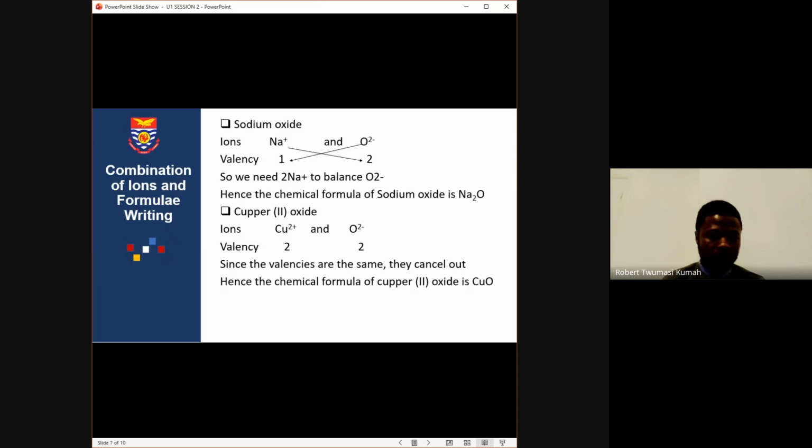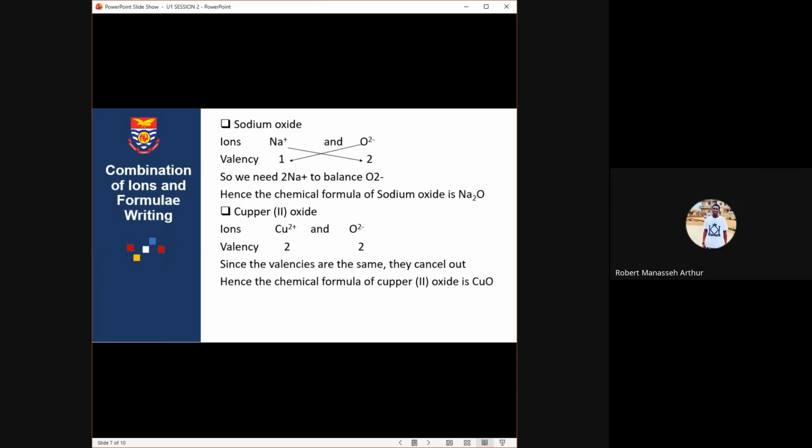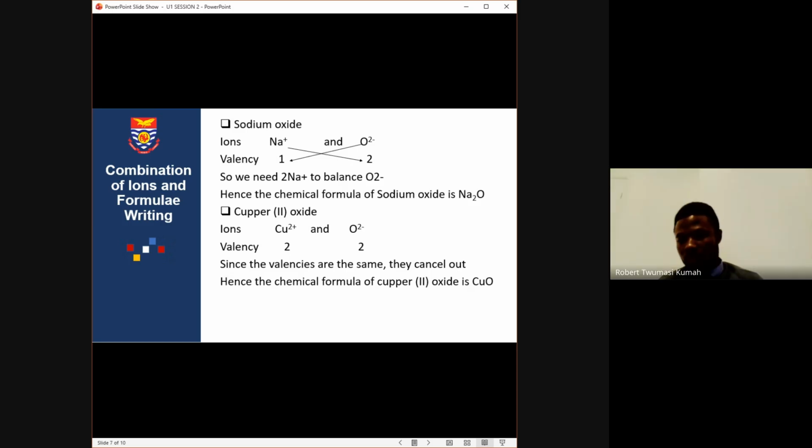Yes, Robert. Sir, please, I have Cu subscript 2 O. Okay, very good. That is excellent, Josephine. Thank you. So we're going to get Cu2O, because if it's copper I oxide, it means that the charge of the copper is just plus. So we'll just cross them and we go our way. So thank you very much.